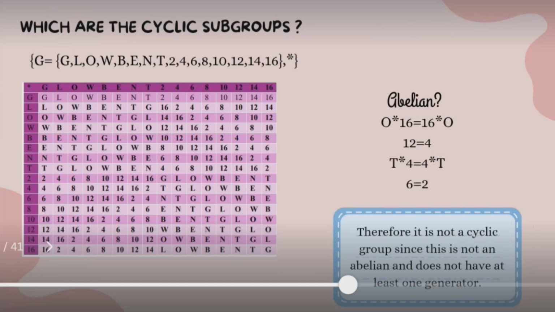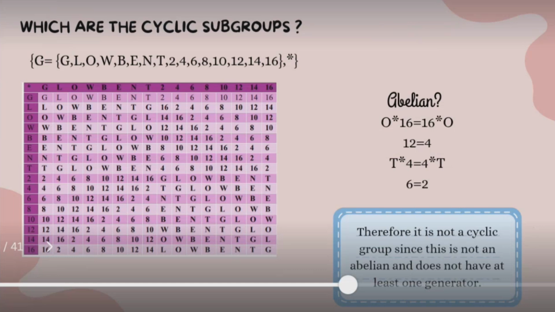We try another to check, and based on the result, this table is not abelian. Therefore, it is not a cyclic group since it is not abelian and does not have at least one generator. So now we will proceed to its subgroups and determine if they are cyclic.